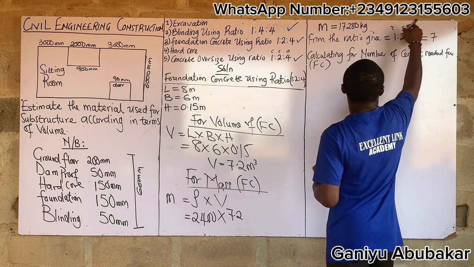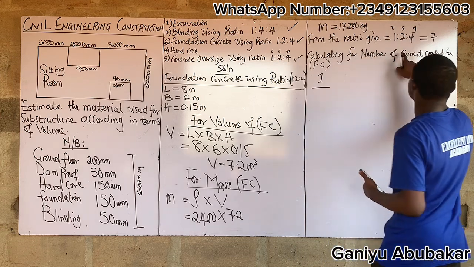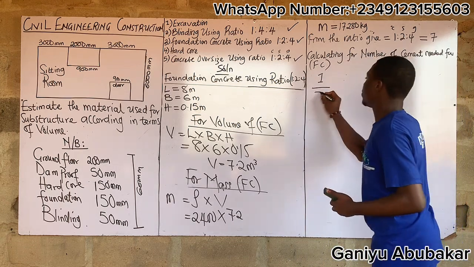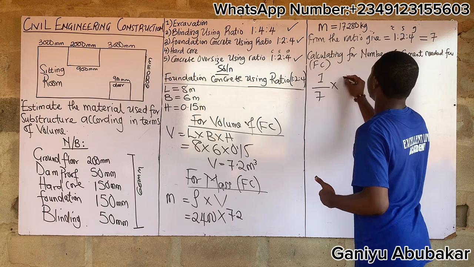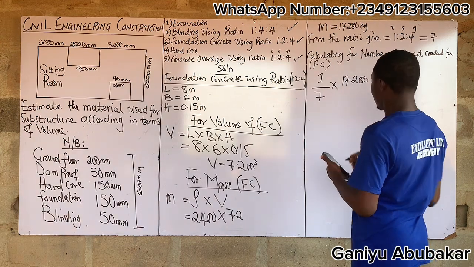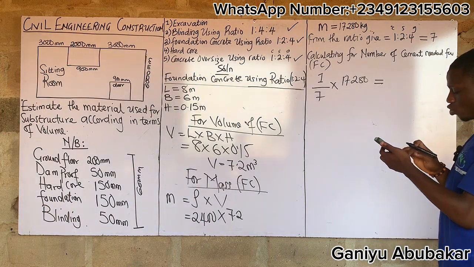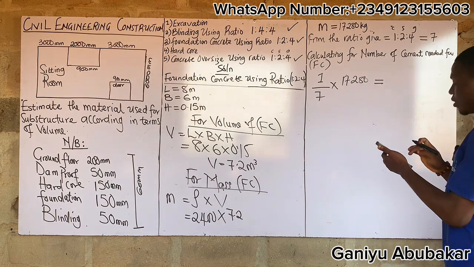Cement, sand, and granite, I have 1 as my cement. That becomes 1 over, what's your total of ratio? That's 7 times, what's my mass? 17,280. So I'll have 1 times 17,280 divided by 7.